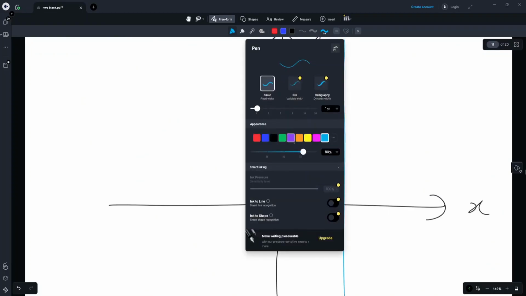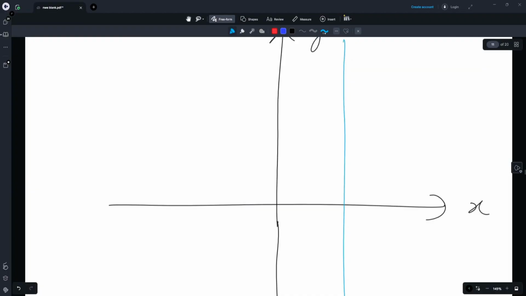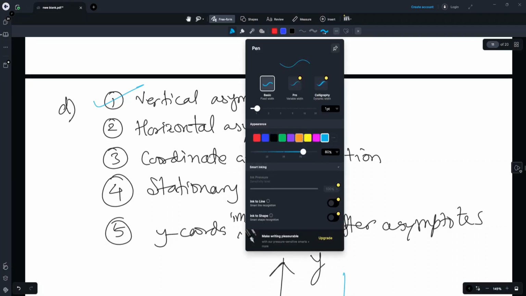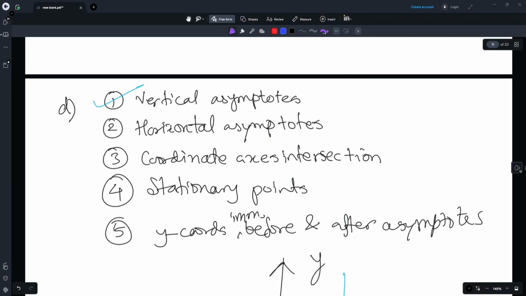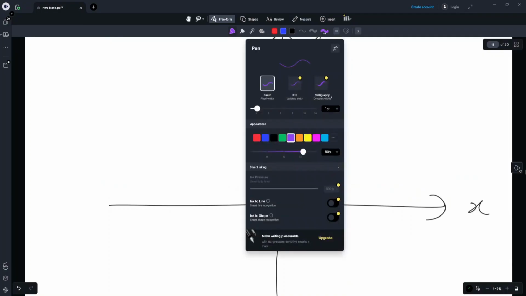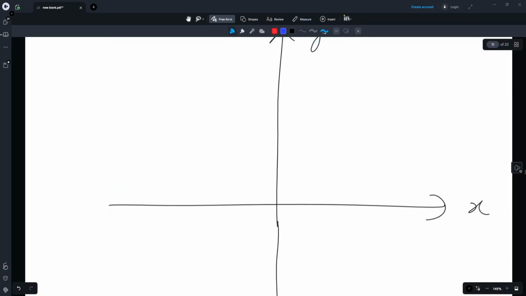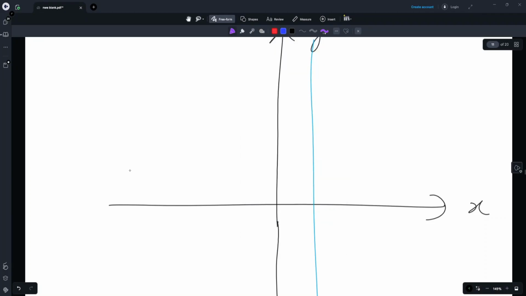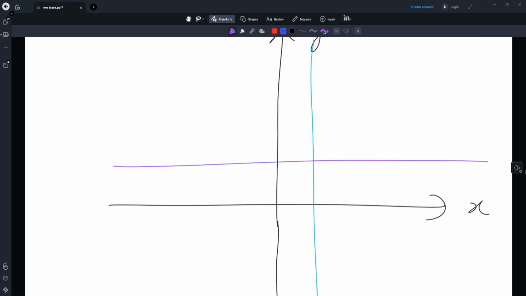Then we have horizontal asymptote, which is y equals to 2. Sorry, I misspoke earlier: the vertical asymptote is x equals to 1, and the horizontal asymptote is y equals to 2.